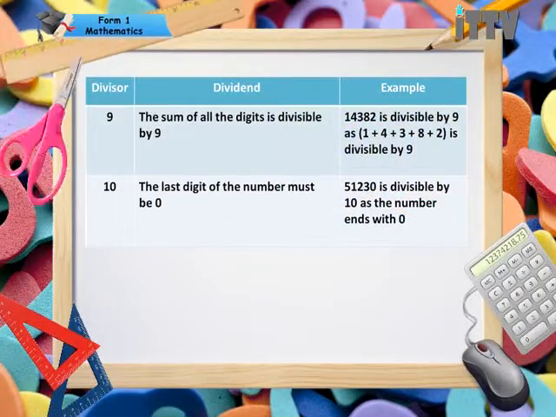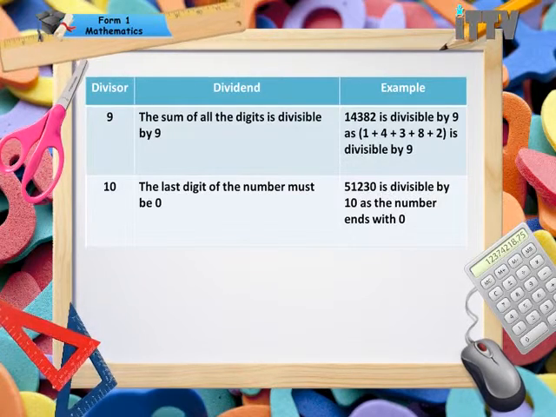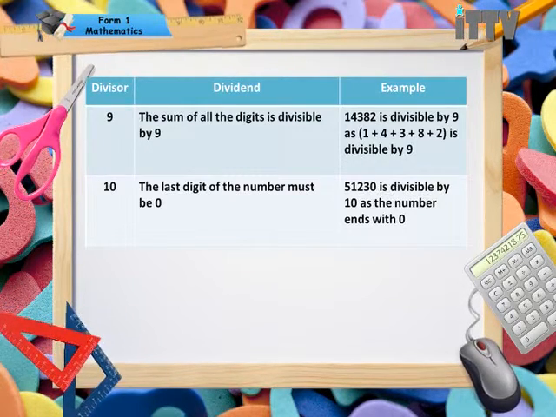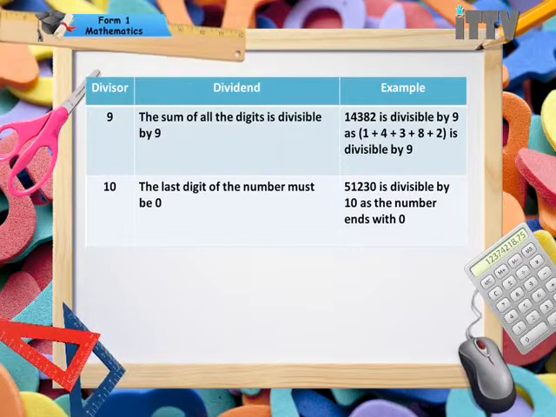Now let's take a look at the divisor 10. Now this is easy. All we've got to do is make sure the last digit of the dividend is 0. For example, 51230 is divisible by 10 as the number ends with 0.